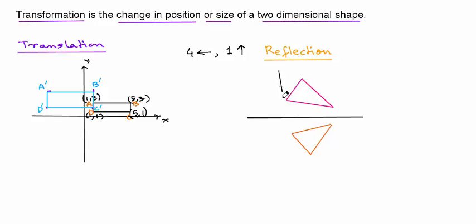And if that same shape were to be reflected about this line, this is how it would look after the reflection. And if this is the x-axis and this is the y-axis, we say this is the reflection of this shape about the x-axis, and this is the reflection of this shape about the y-axis. You could reflect a shape about any straight line, which also includes its own lines of symmetry.